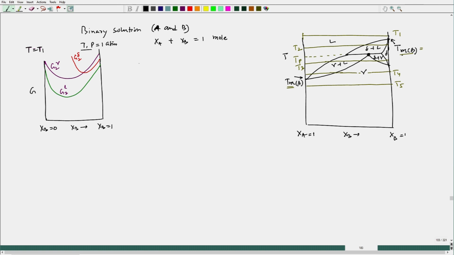Now, I will look at T equal to TMB. This is XB. Here I will see a situation like this.